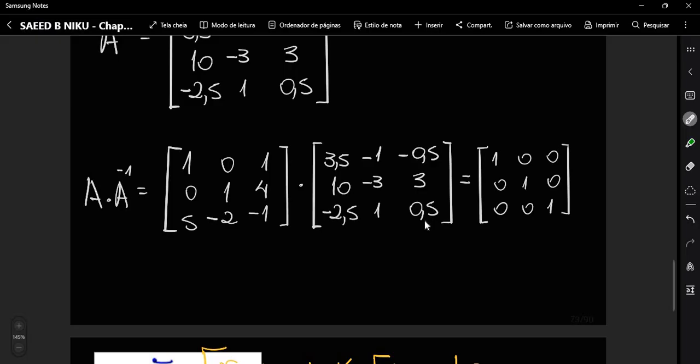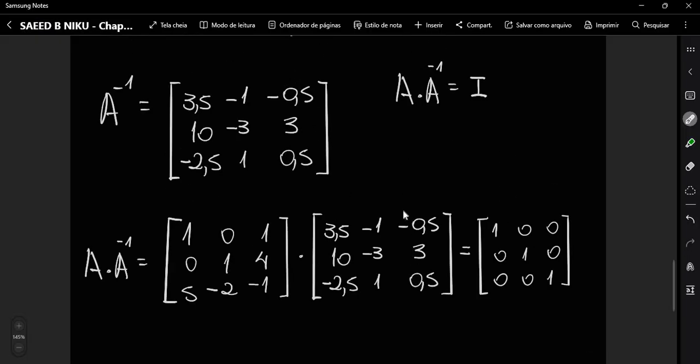And that's it, that's how you can calculate the inverse of a 3 by 3 matrix.